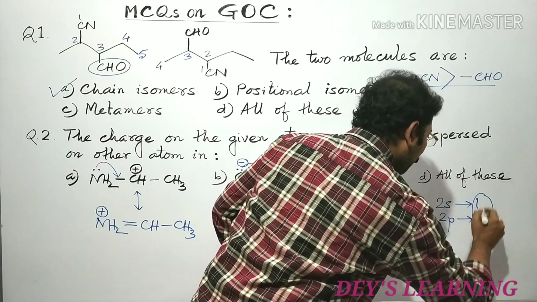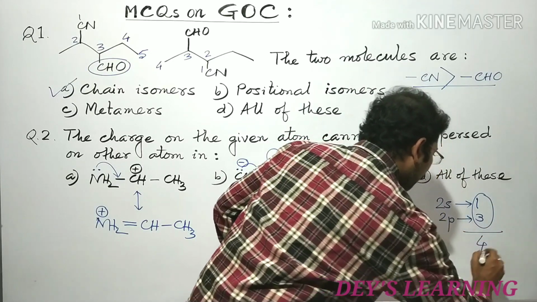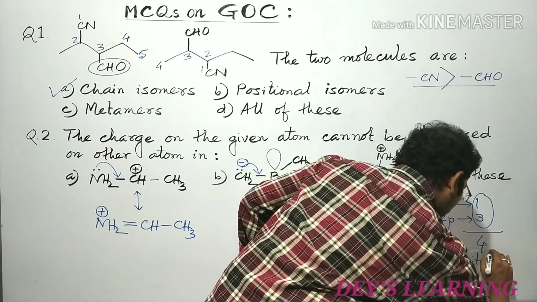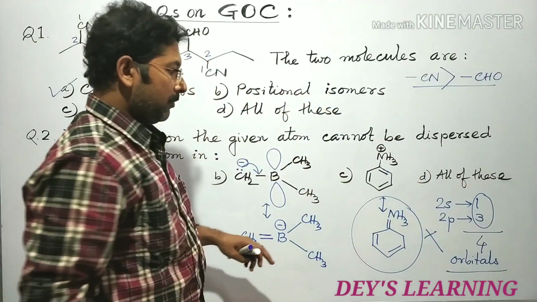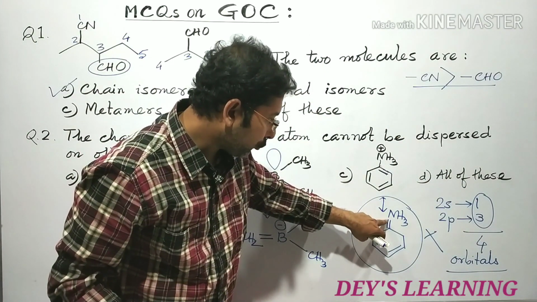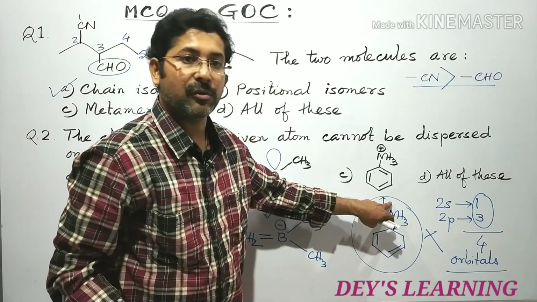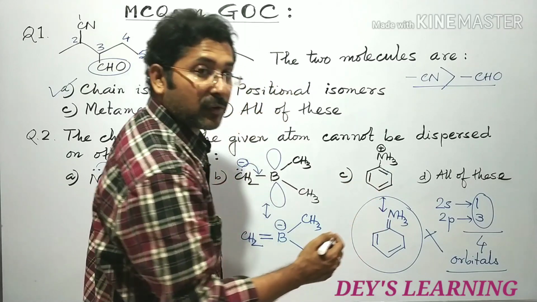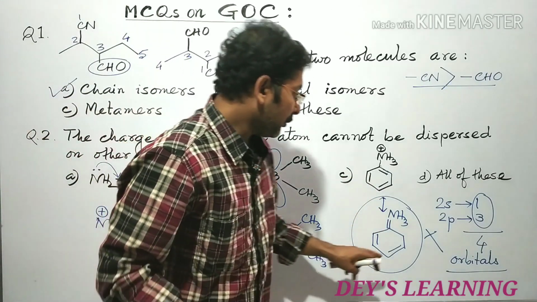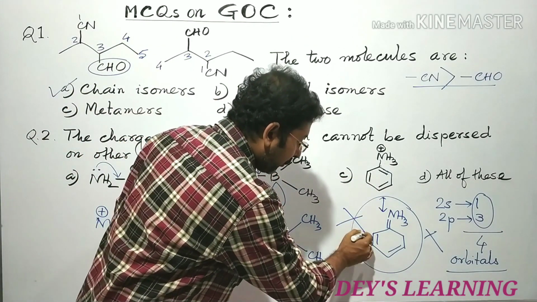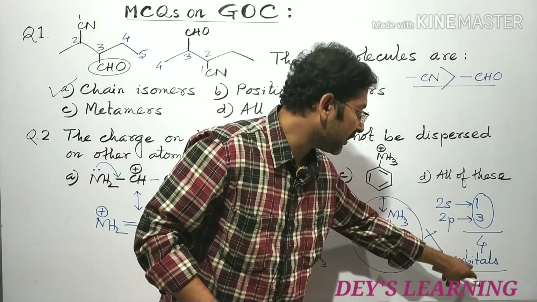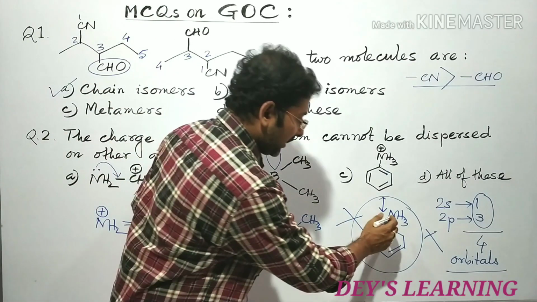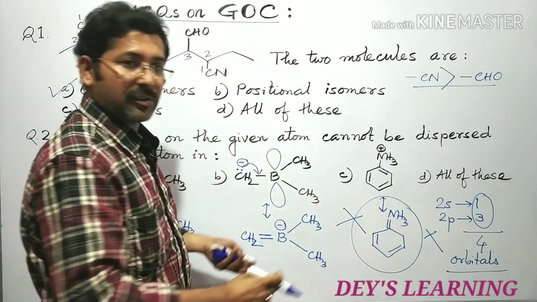So there are 4 orbitals of nitrogen, but in this structure nitrogen contains 1, 2, 3, 5 pairs of electrons, that is 10 electrons. So the 10 electrons can't be accommodated in the 4 orbitals of nitrogen. So this structure has no existence.